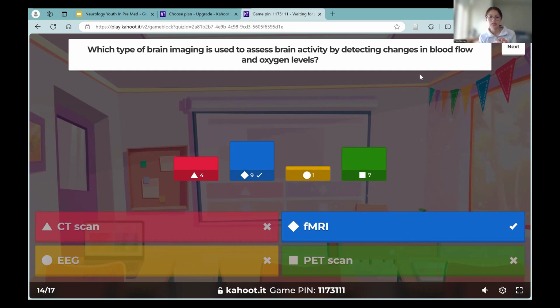Those tell you more about the brain activity and where exactly it's located. So I think it's great that people mostly picked fMRI and PET scan, but in particular, the fMRI assesses blood flow and oxygen levels, and the PET scan is more of a positron emission. Does that make sense? Let me know if there are more questions, if I can clarify that further.